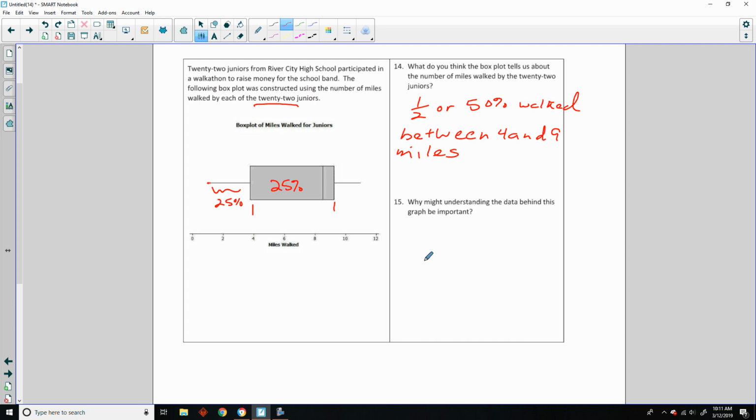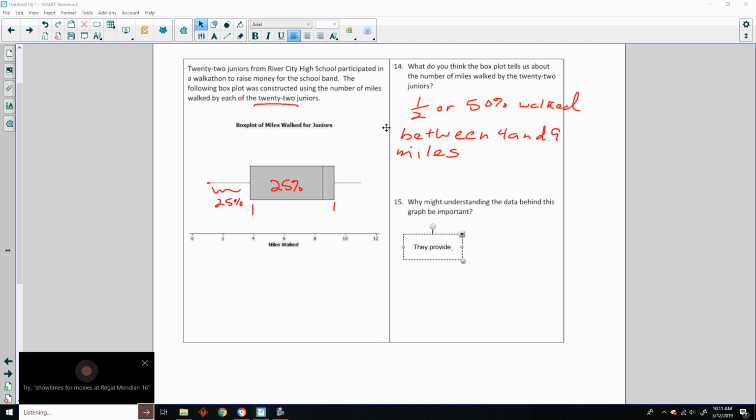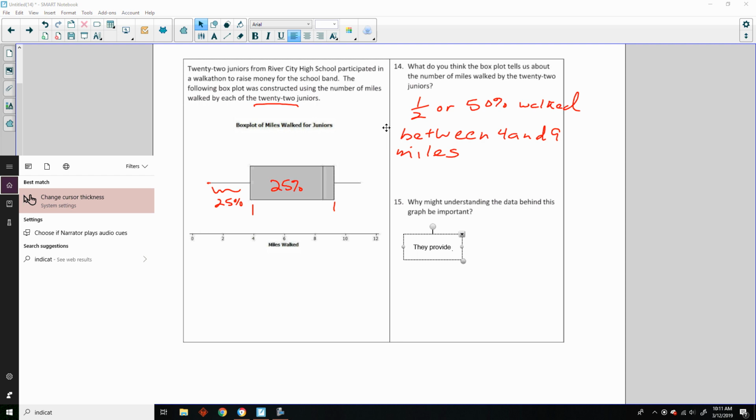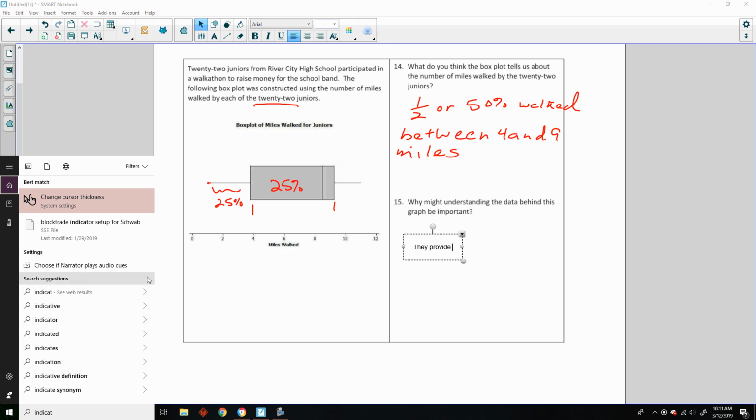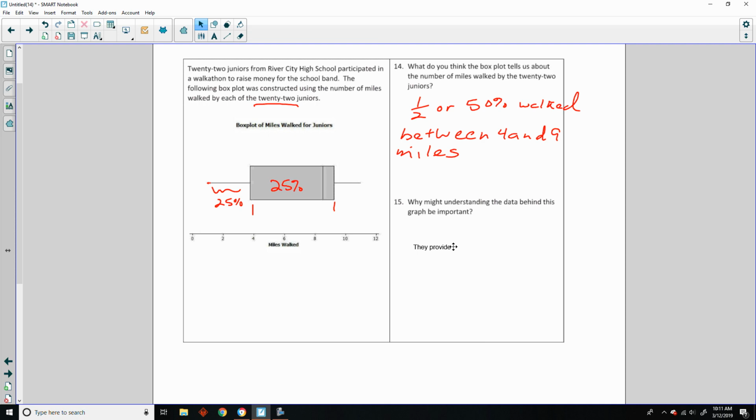15 says, why might understanding the data behind this graph be important? They provide an indication of the participation of the junior class.